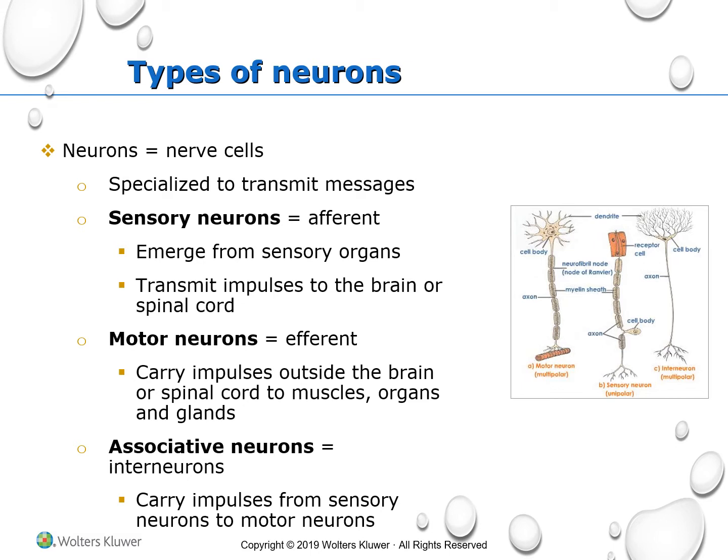In addition, we have interneurons, also called associative or central neurons. Their main function is to relay information from place to place within the central nervous system. They may also interconnect the sensory neurons and the motor neurons.